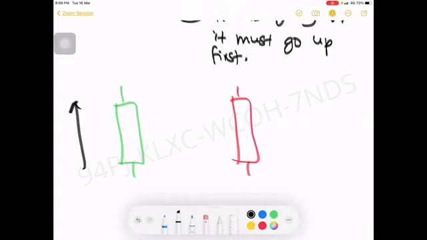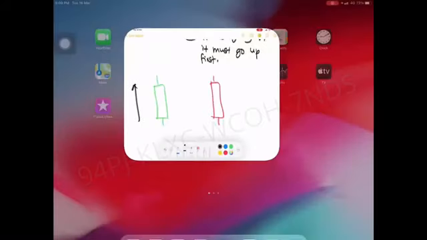So these are the rules. There's only two rules for a candlestick, which is a red one. So true. Is it correct?